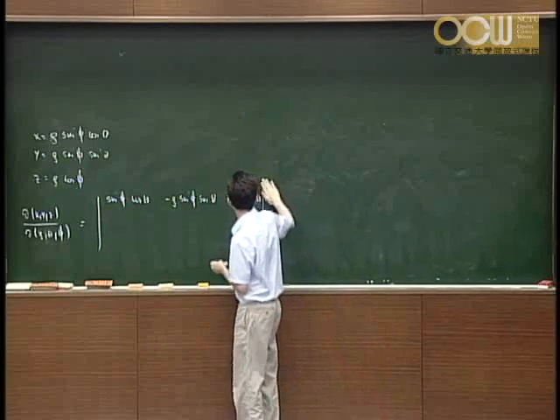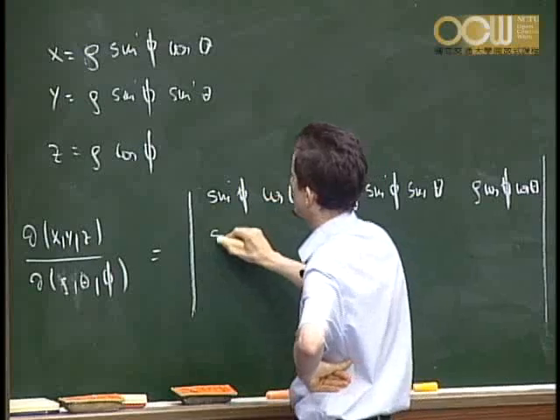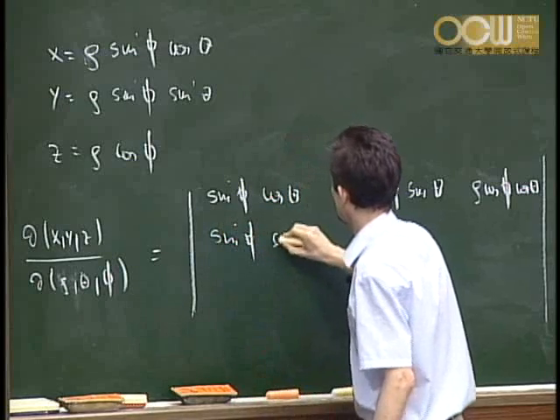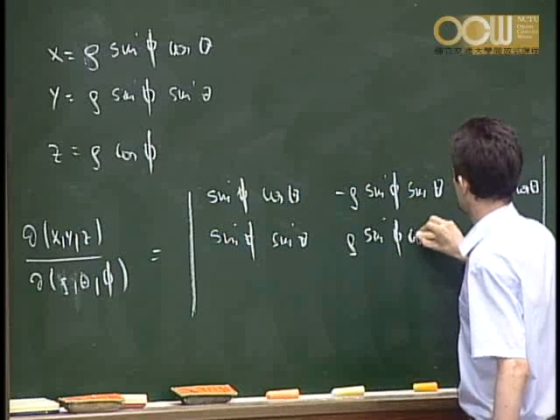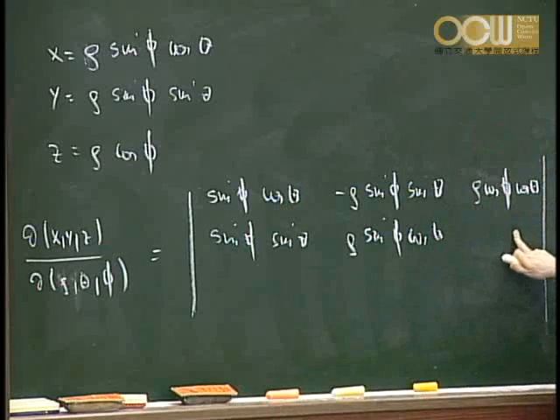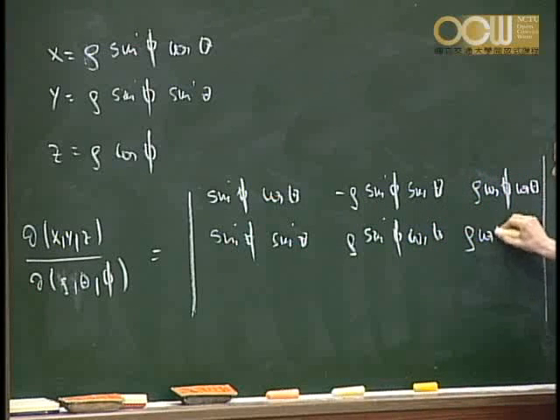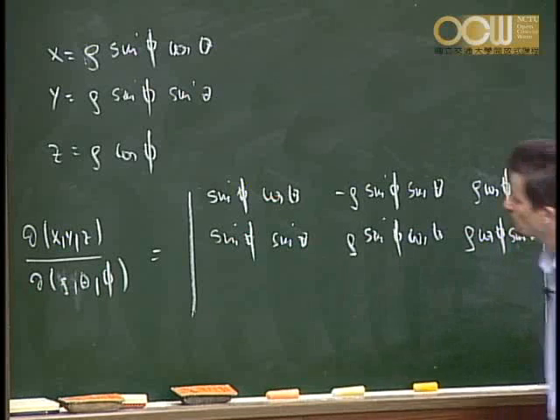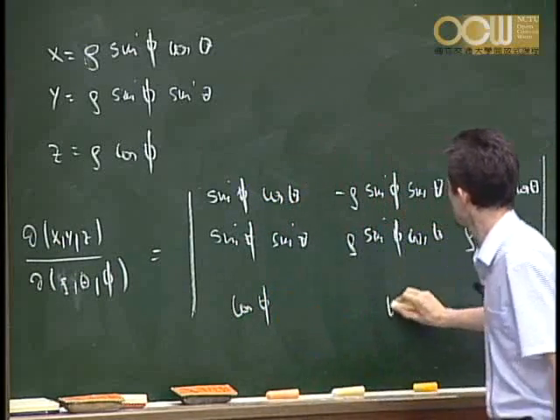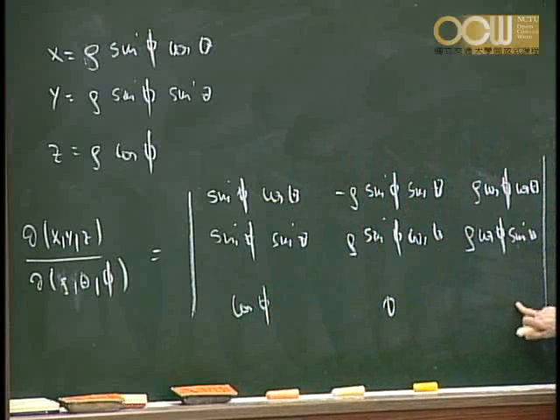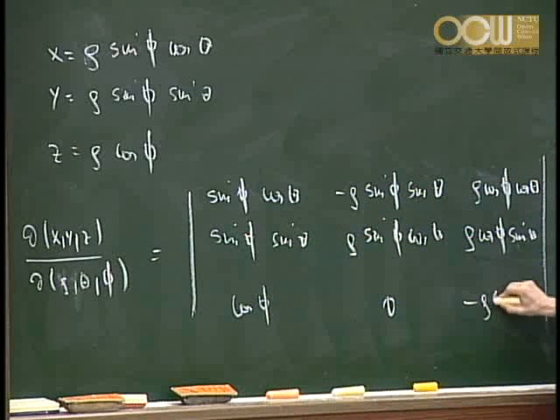Now the second one: sine of psi, sine of theta. With respect to theta, we have rho sine of psi, cosine of theta. And with respect to psi, we have rho times cosine of psi, sine of theta. The last row: z with respect to rho is cosine of psi, with respect to theta gives us 0, and with respect to psi gives us minus rho times sine of psi.